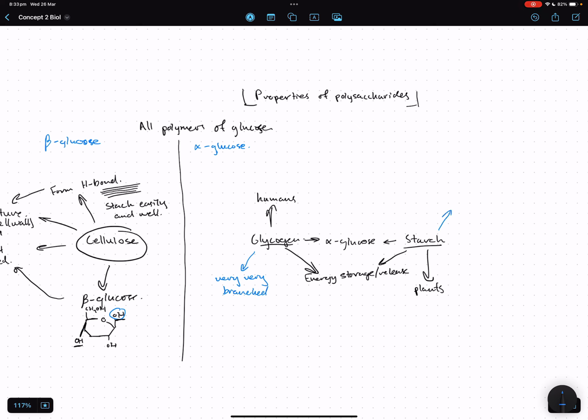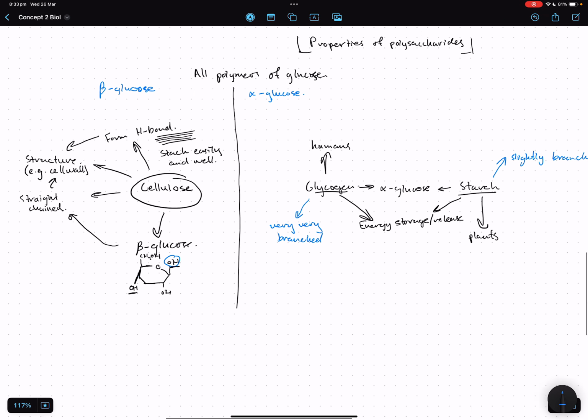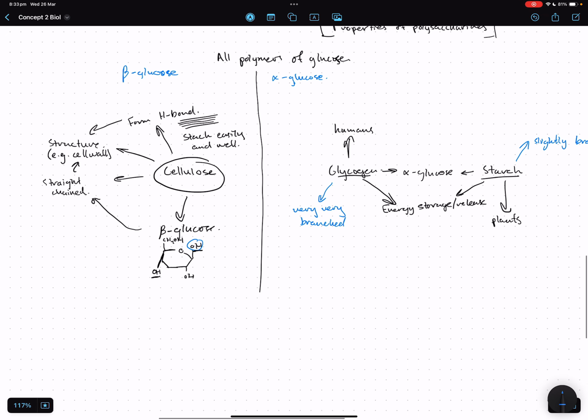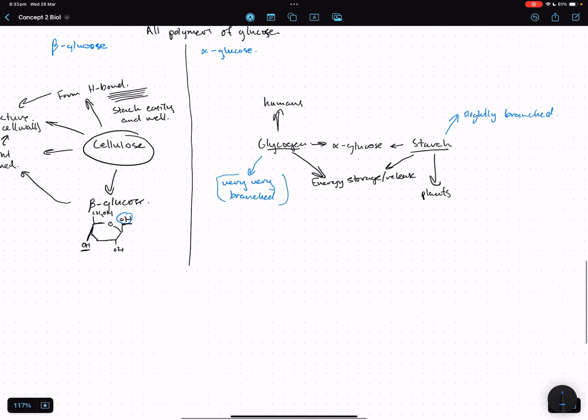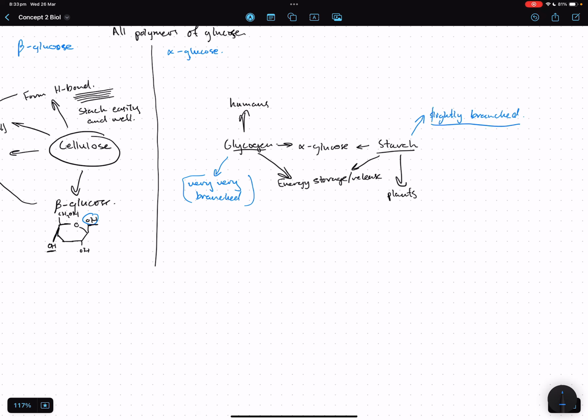And this one is slightly branched. In terms of density of these molecules, because this is so branched, all the branching out happens so that the molecules are fairly close together, and this one is only slightly branched. There's less density overall of the molecules.